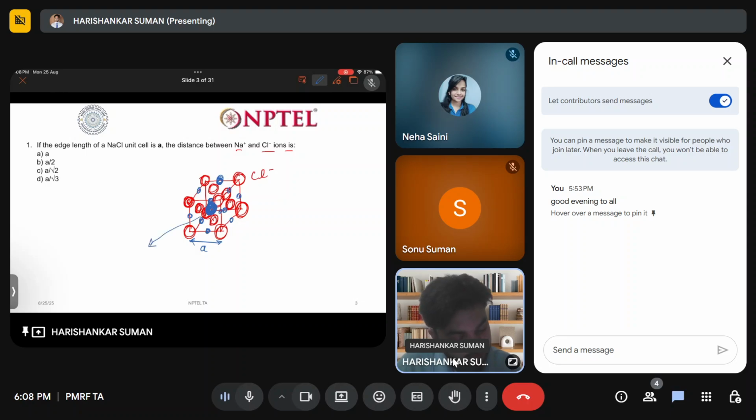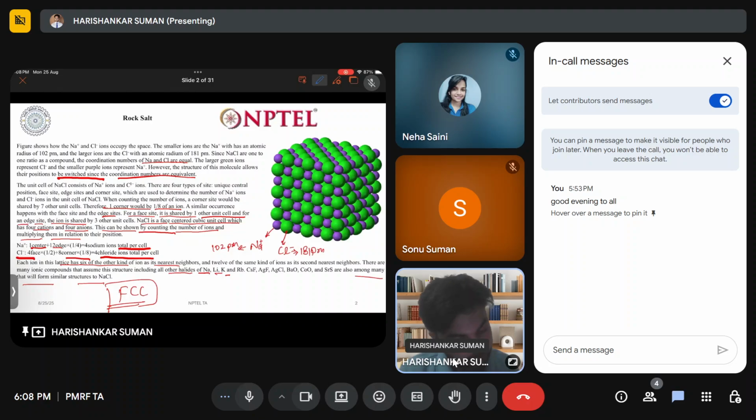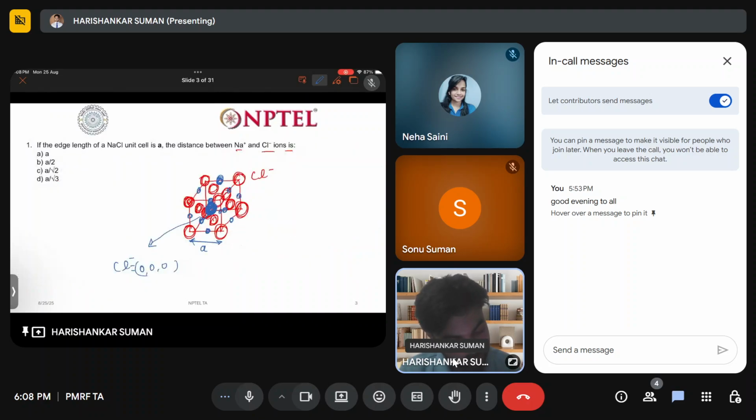So let's take this position as 0, 0, 0 for the Cl- ion, while you can also find the nearest touching Na+, which is at the center, at half, half, half.